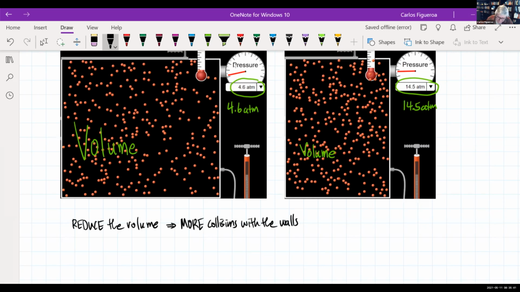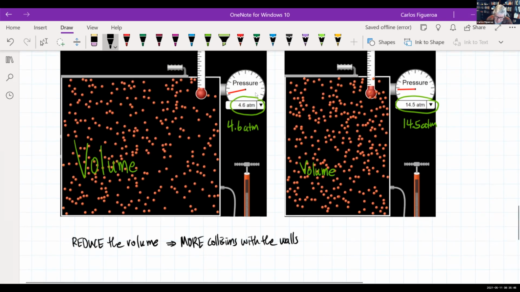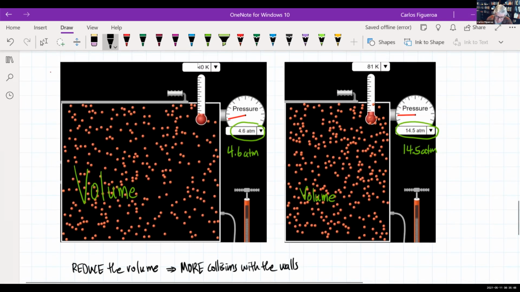But the question is, why? You can see there's something interesting here: look at the temperature, which was 40 K, and then look at the temperature, which is now 81 K. So why is that? Why did the temperature go up?